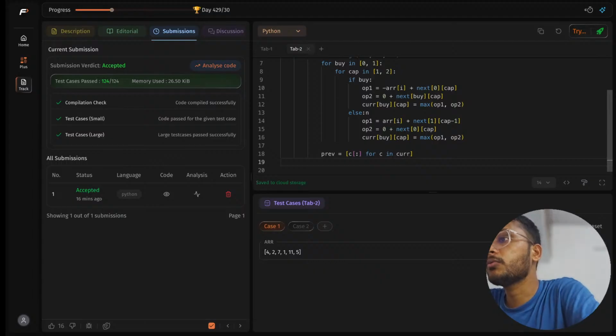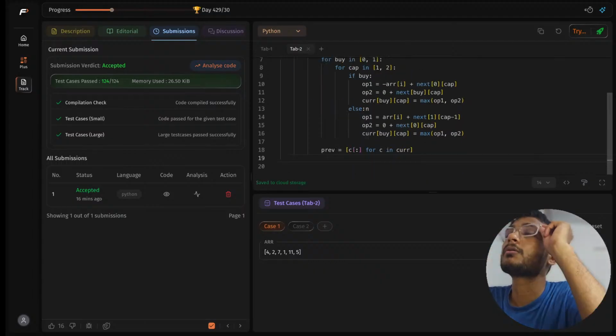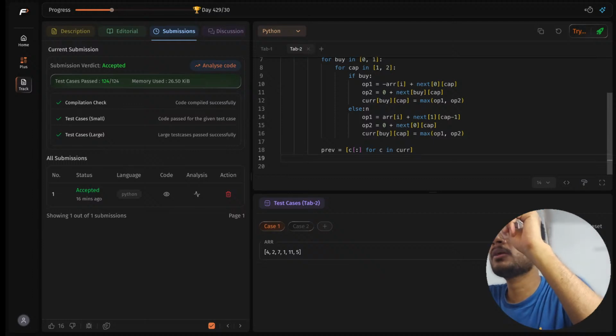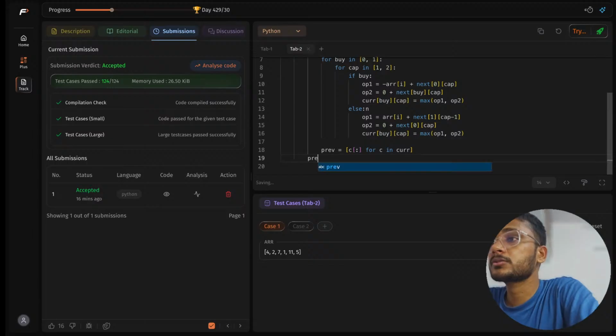Okay, at the end, what are you getting? You will say your capacity will be 2 at the starting. You are starting at the first index. Index will be 0. So previous. Okay, bro, where are we using previous?